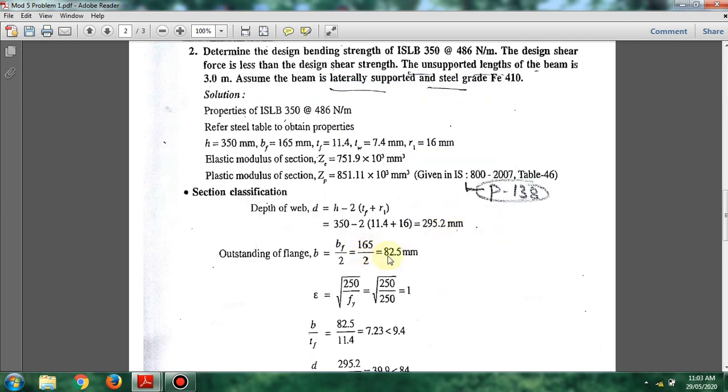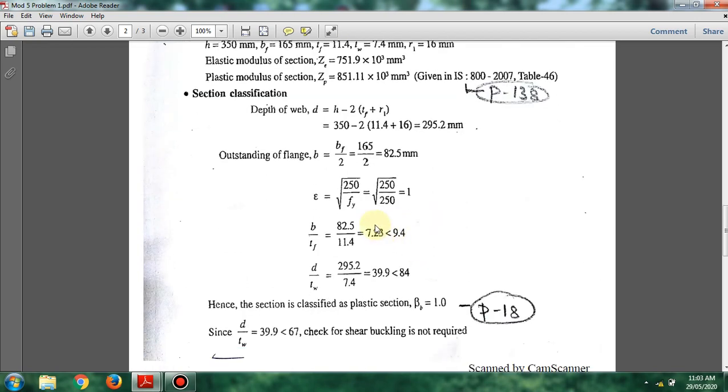So for the exact value of the depth of web, we have to also deduct the curve portion. The total depth of the beam is 350. So from 350 you have to subtract 2 flanges and 2 curves, and then I'll get the exact value of the depth of web.